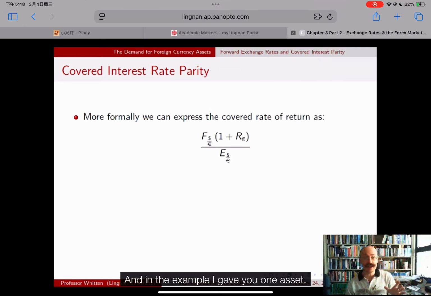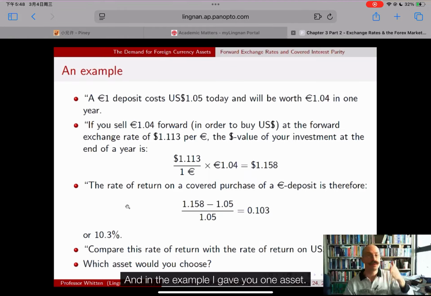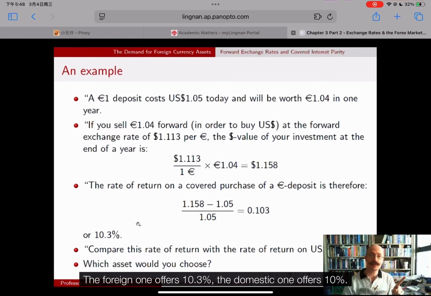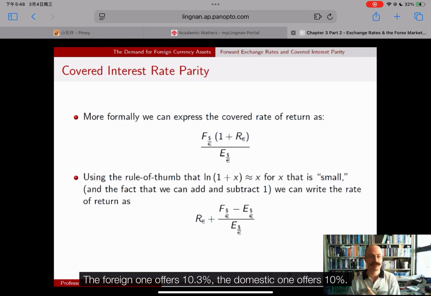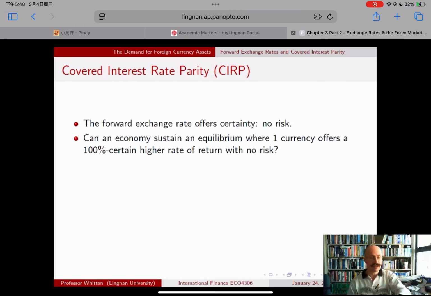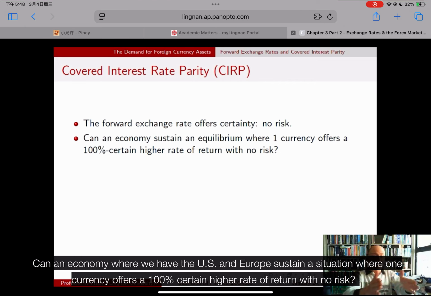And in the example I gave you, one asset, the foreign one, offers 10.3%. The domestic one offers 10%. They are different.